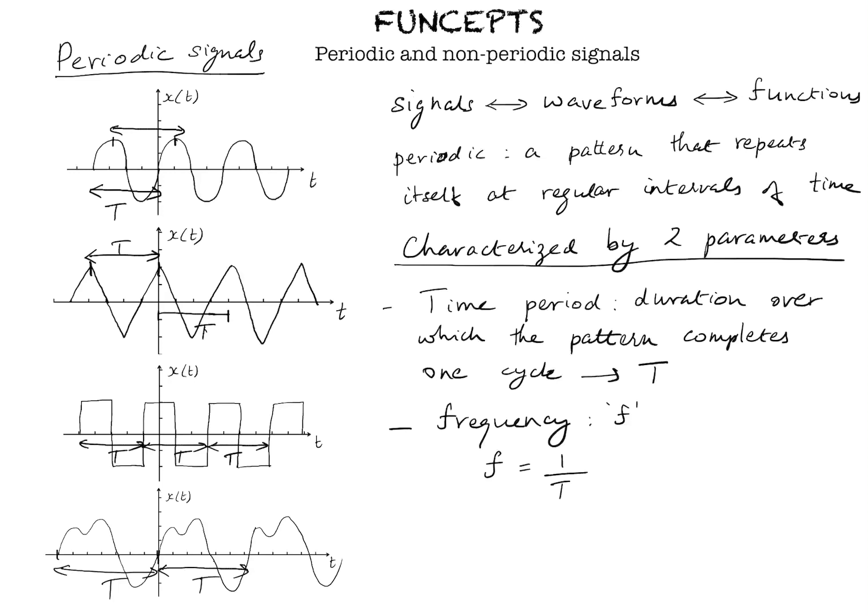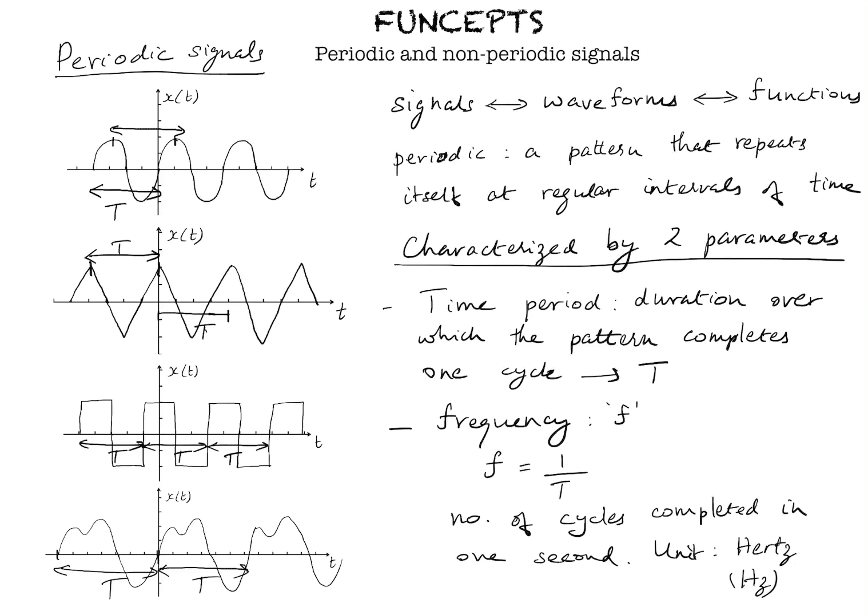So frequency is the number of cycles completed in 1 second, and it has a unit as hertz, abbreviated as Hz.